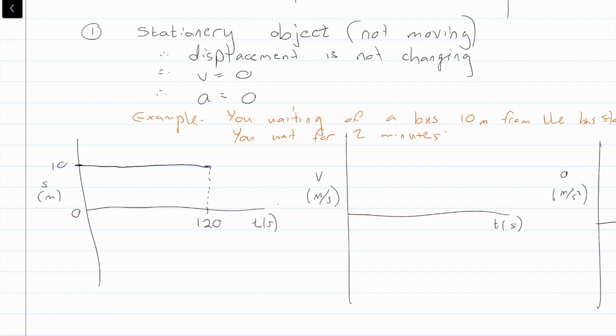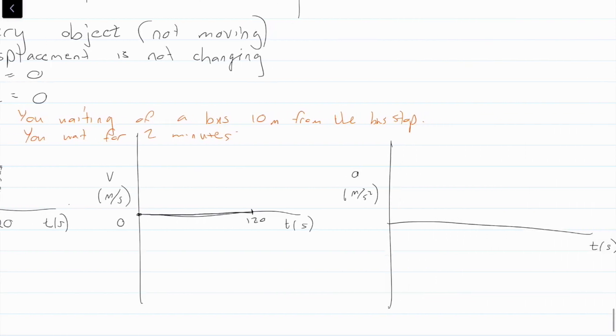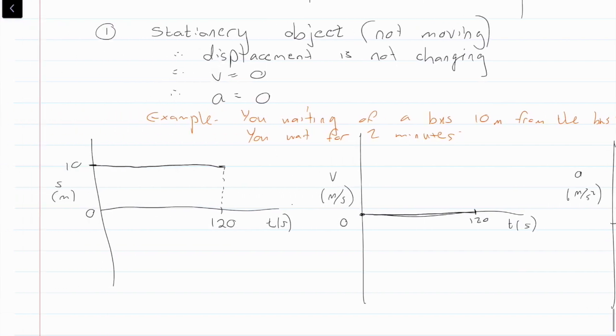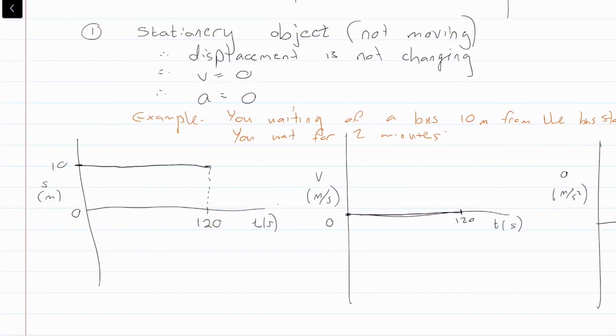The velocity time graph for a not moving object is fairly simple. You are not moving, so your velocity is 0 for the full 120 seconds. The acceleration time graph looks exactly the same. I'm going to do these in red, hopefully you can see them better.